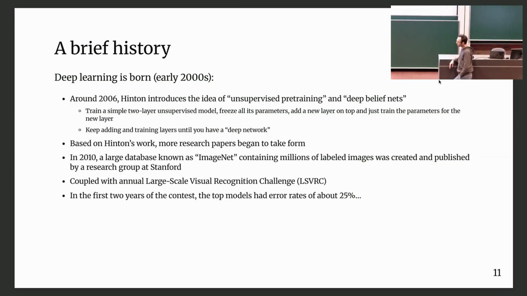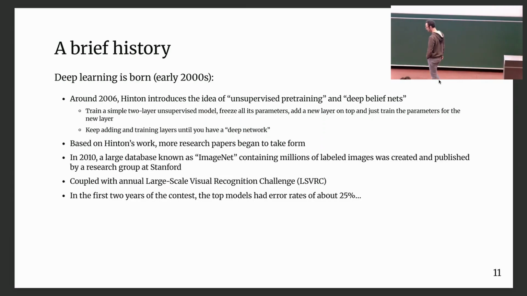And around the same time, there was a competition that was organized by a research group at Stanford. The competition was called the Large Scale Visual Recognition Challenge, and was coupled with the release of a data set of images. The data set of images was called, and is still called, ImageNet.